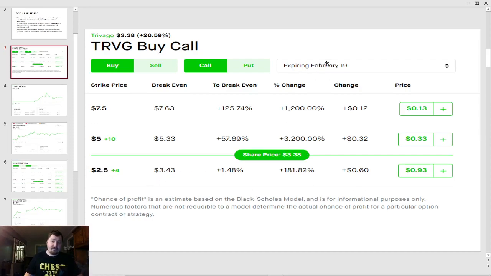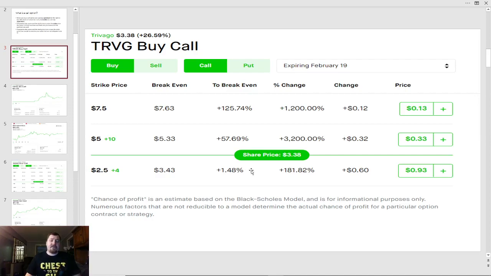On February 19th. So, say February 19th comes along and Trivago's sitting at $3.38. I could buy these 100 shares off of him for $2.50. However, my break even price would be $3.43 because 250 plus 93 equals 343. So I would technically lose on that trade.